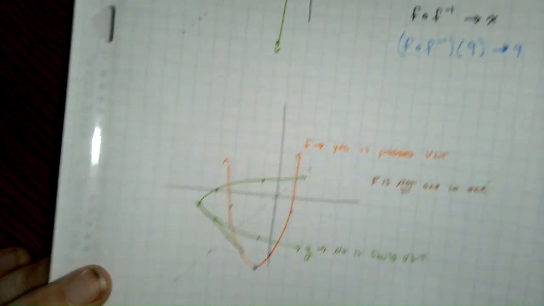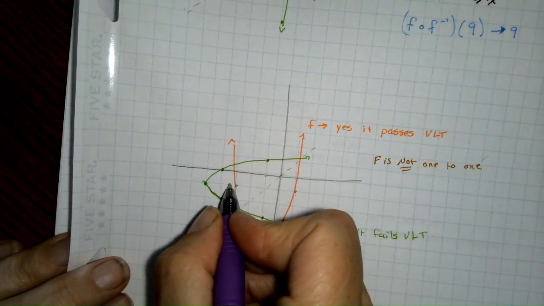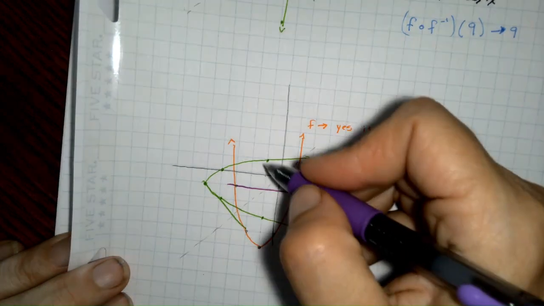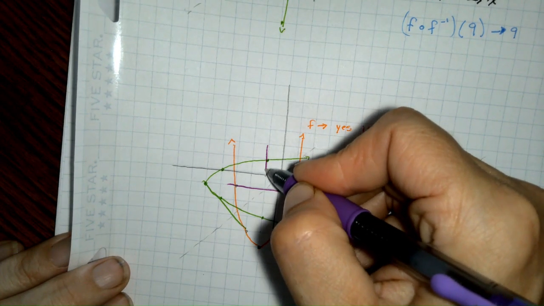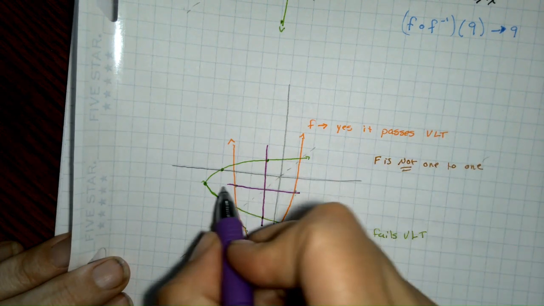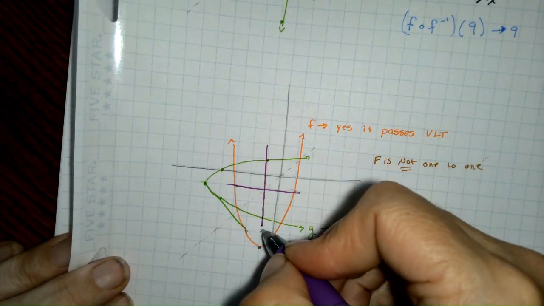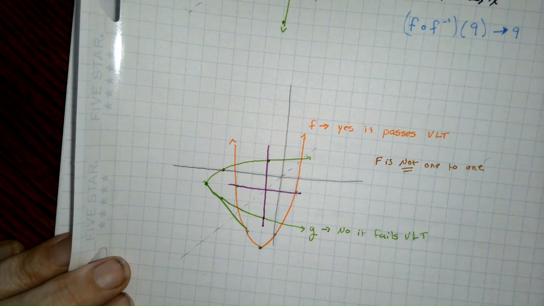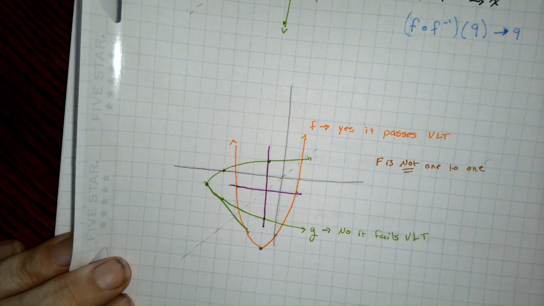Because, come back to this horizontal line, when you reflect it, became this vertical line. That's why if the orange fails the horizontal, the green will fail the vertical. Because everyone's getting reflected, right? A horizontal line reflected becomes a vertical line.